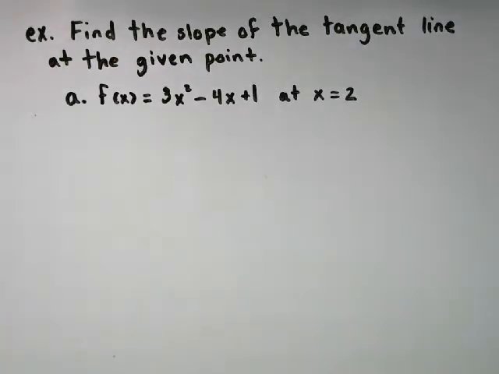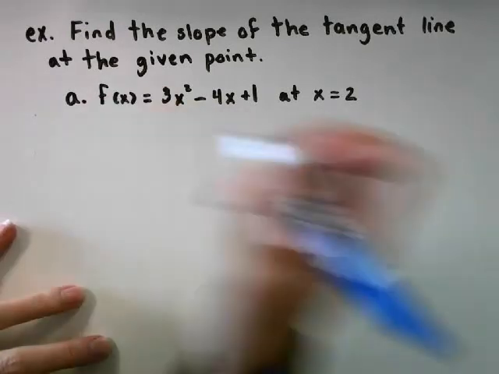All right, so we have f of x equals 3x squared minus 4x plus 1, and I'm interested in what is the slope of the tangent line when x is equal to 2. So the c in my definition, the c is the point, so my c in this case is going to be 2.